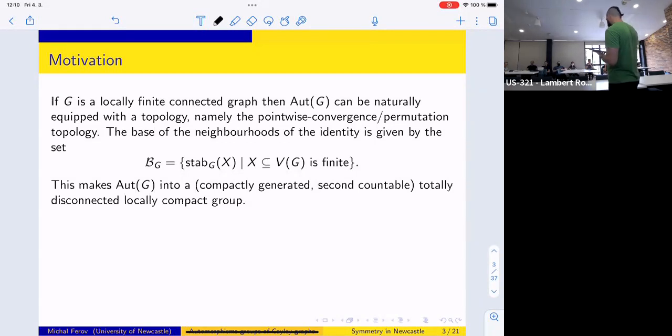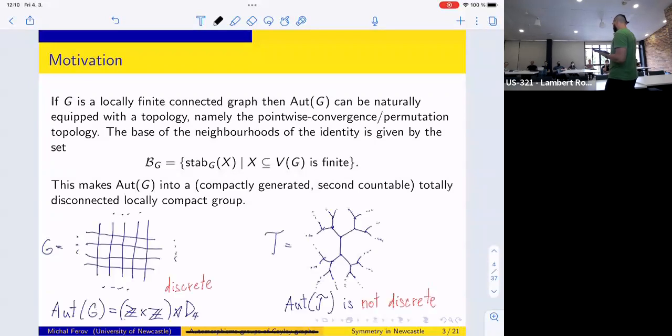So when we're talking about topological groups, one natural question is when are these groups actually topologically interesting? There are 2 examples here. If I have just a square grid, when you think about it a little, you can immediately write down what the group of automorphisms is, and it's not topologically most interesting because it's discrete, it's countable.